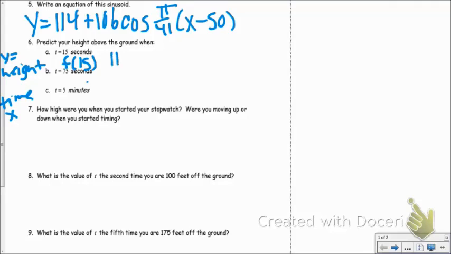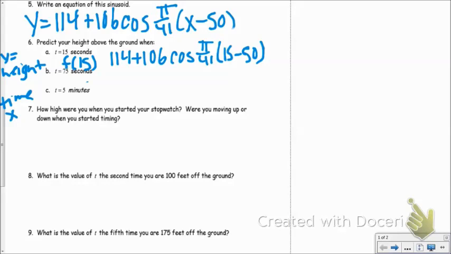So all I'm doing is 114 plus 106 cosine pi over 41 times (x minus 50), and that x is getting replaced with 15. This is going to help me see my height at 15 seconds.